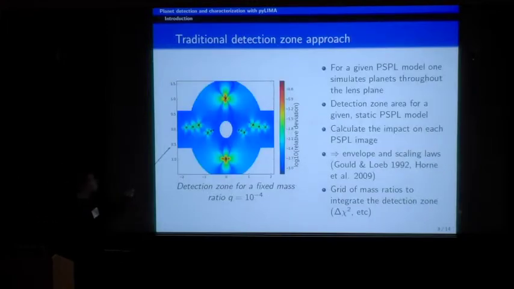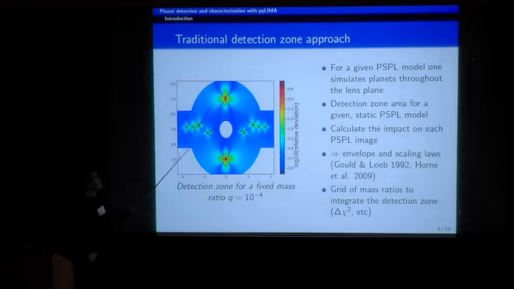The traditional approach that we've used most of the time for RoboNet is to determine the sensitivity. For that purpose, we inject planets all over the lens plane for a given point source, point lens model. For the binary ones, you have to replace them, insert them, as Suzuki did in his work, for instance. And then you can assess where the areas are that we can detect, here in log relative deviation.